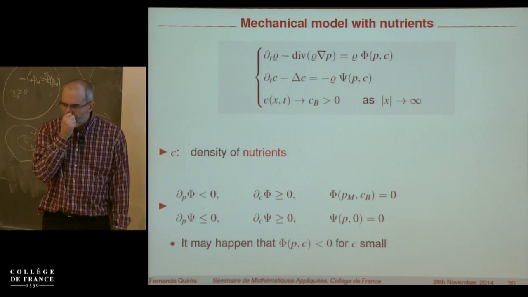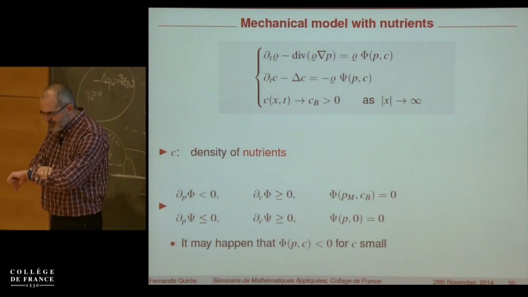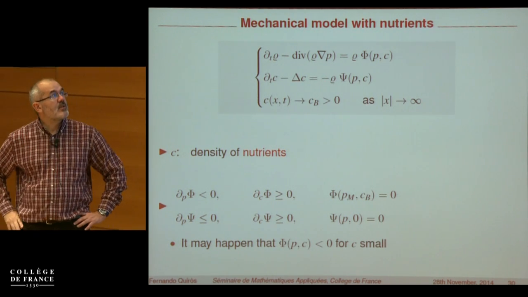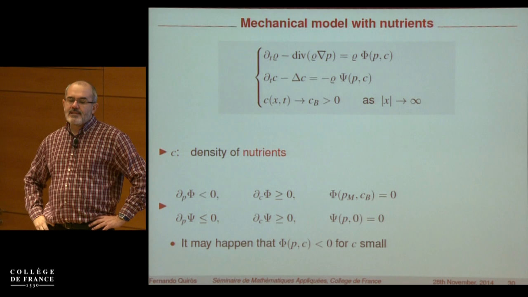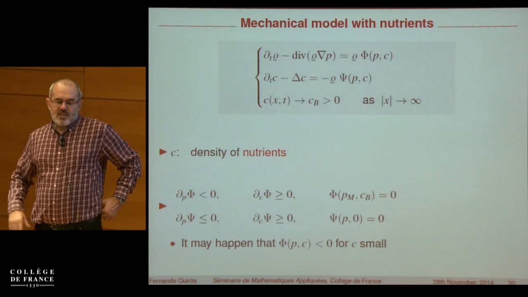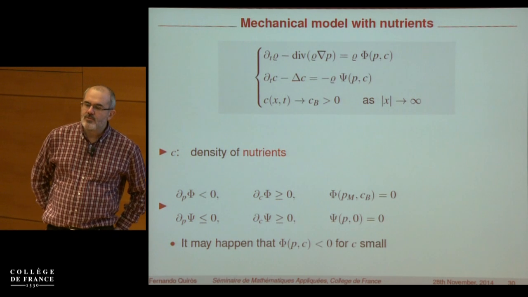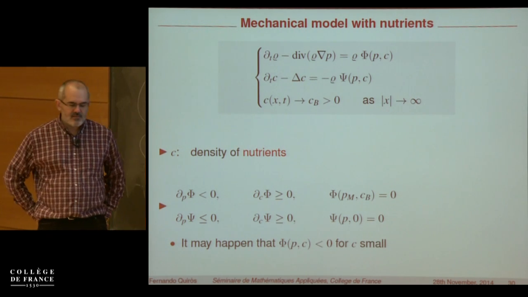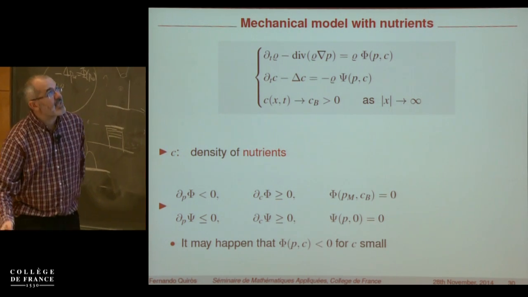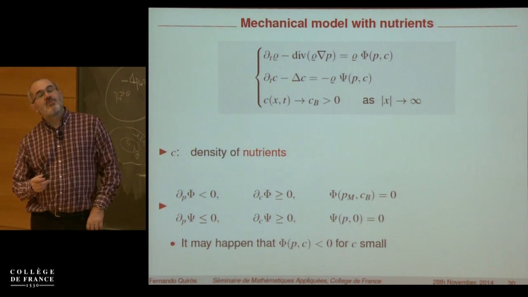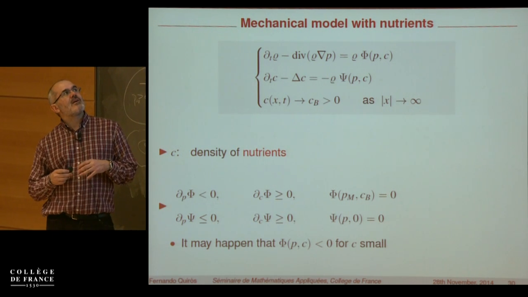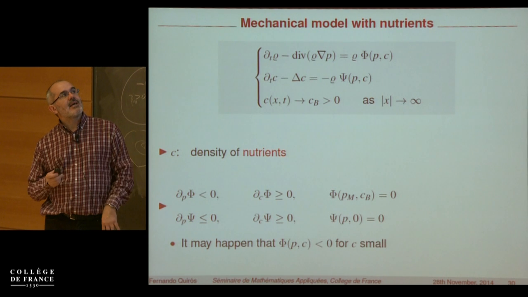So let me go on to a bit more complex models. The thing is that, at certain stages, nutrients matter. You don't have as many nutrients as you wish. In fact, this is in general the case. So you should consider a model which is not purely mechanical.